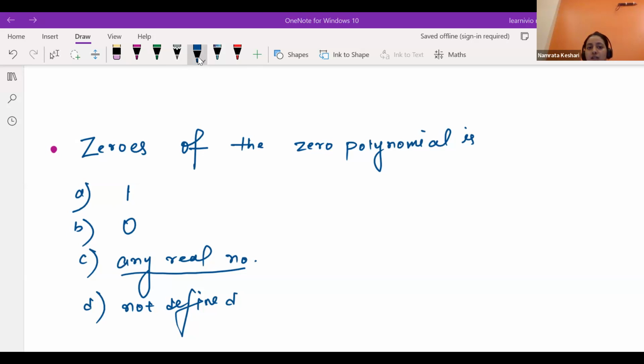Anam, Bharti, Irshad, Numaish also said any real number.